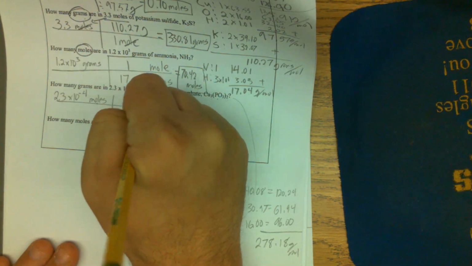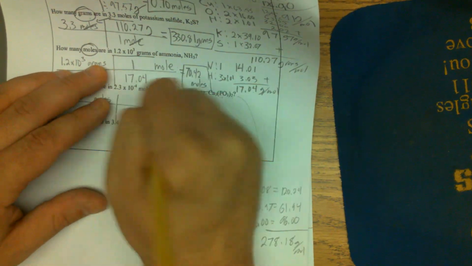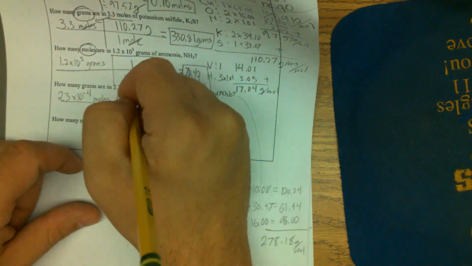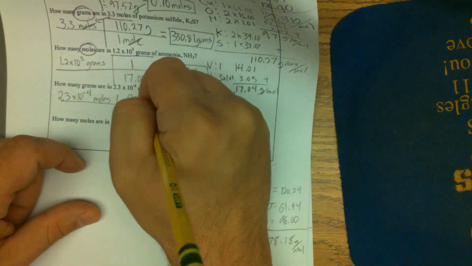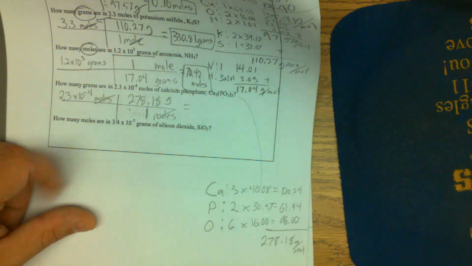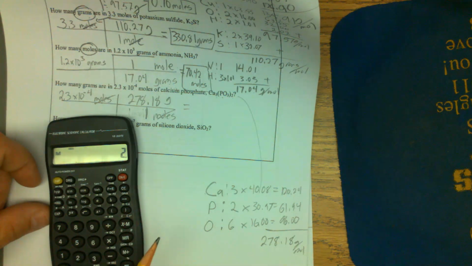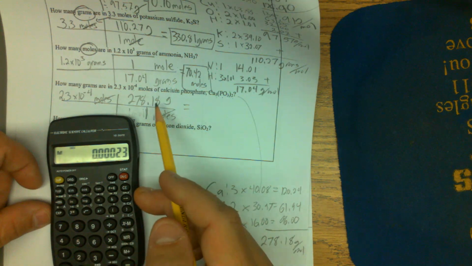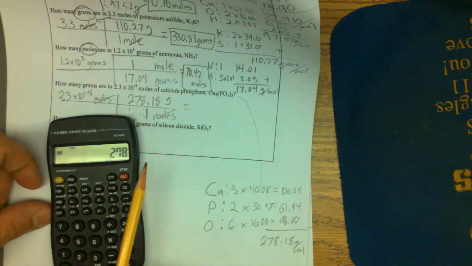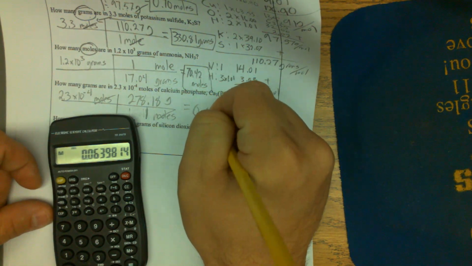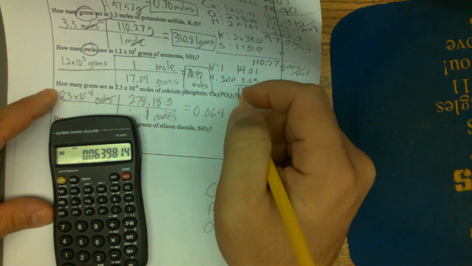So we have 1 mole on the bottom, and then our mass, 278.18 grams on top. Moles will cancel out, so then we just multiply this out. So 2.3 times 10 to the negative 4 power times 278.18. So we're going to get a total of 0.64 grams.